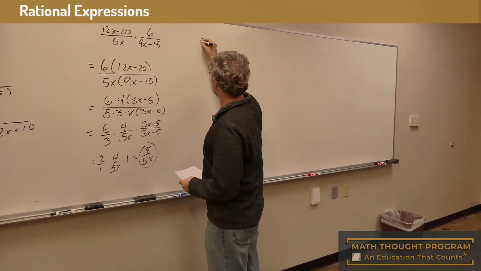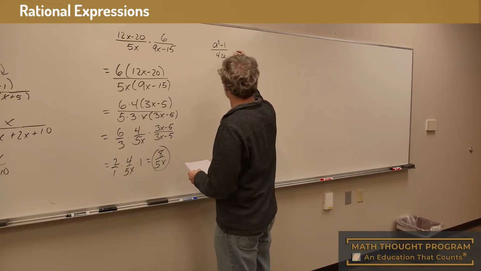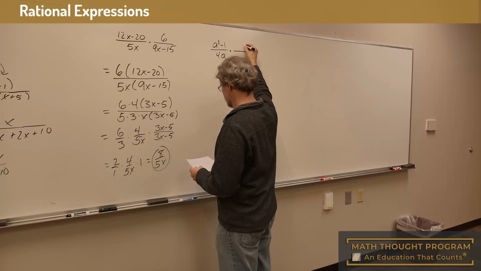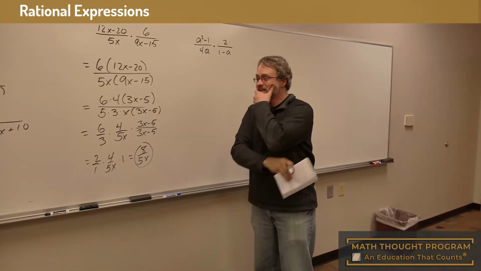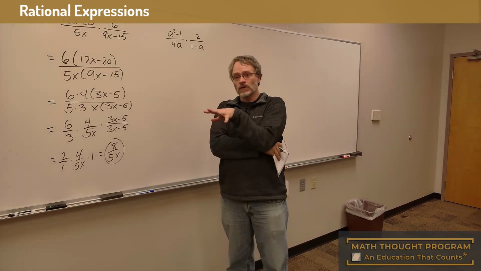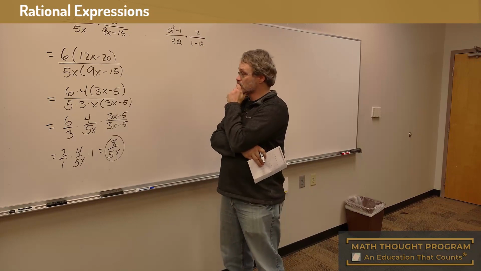Let's say if I have a squared minus 1 all over 4a times 2, 1 minus a. Now, once again, what I want to do is I want to multiply the numerator times the numerator and the denominator times the denominator.